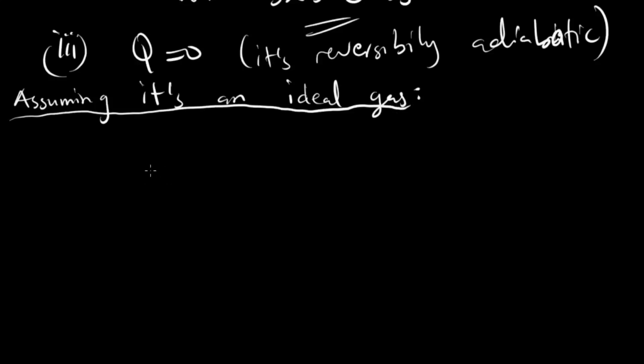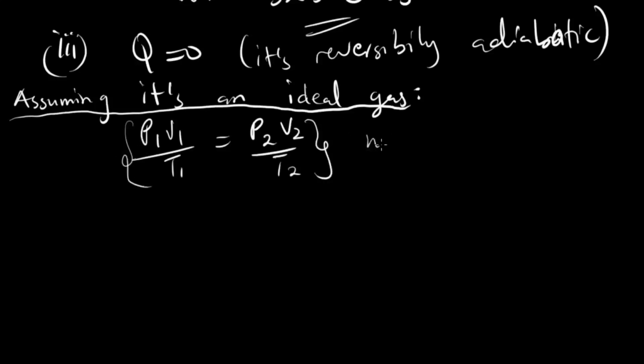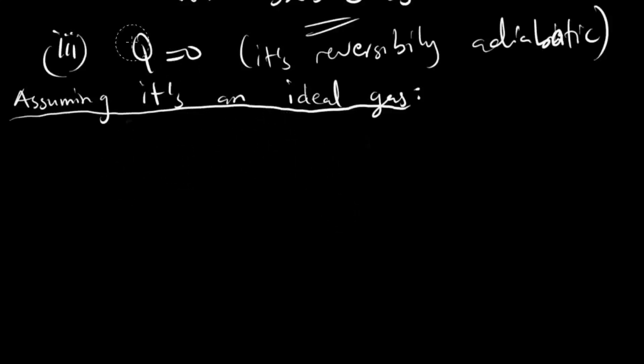So P1 V1 over T1 is equal to P2 V2 over T2. Remember, the previous part is not applicable now, so they don't need to write it. I can just erase it so that I have space for another thing.